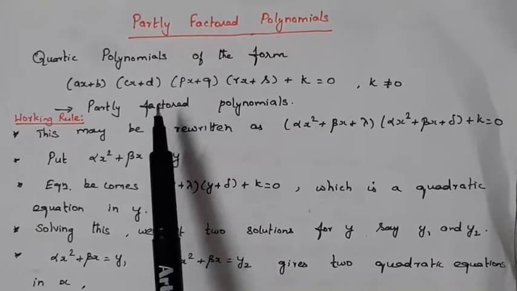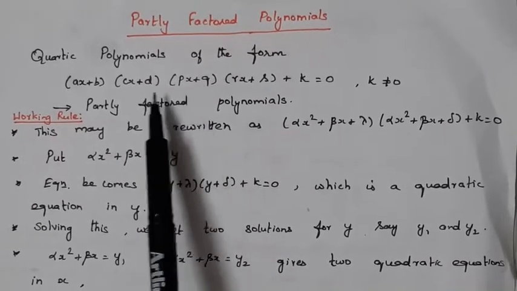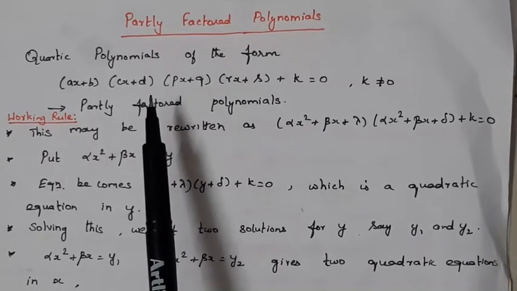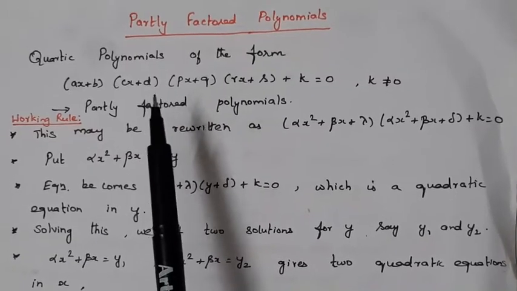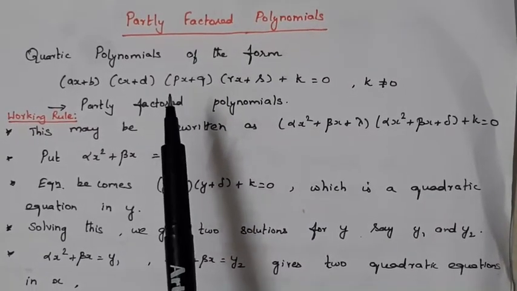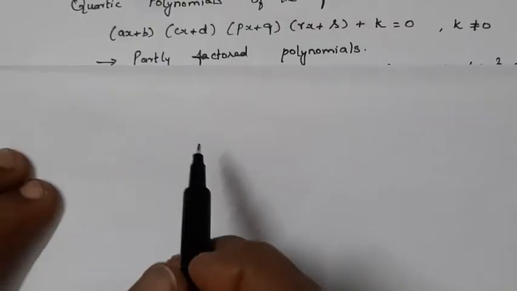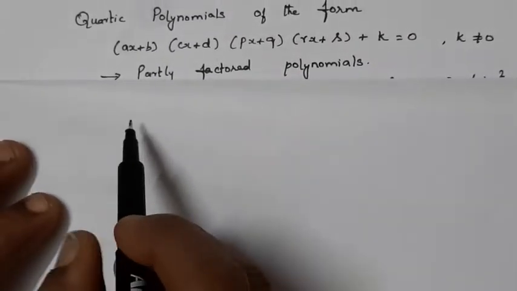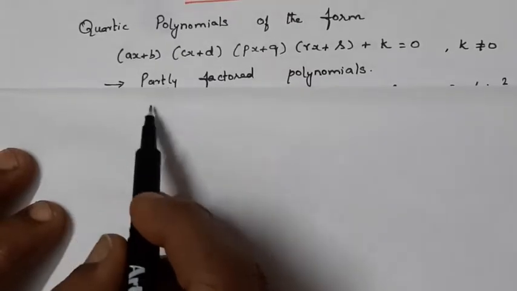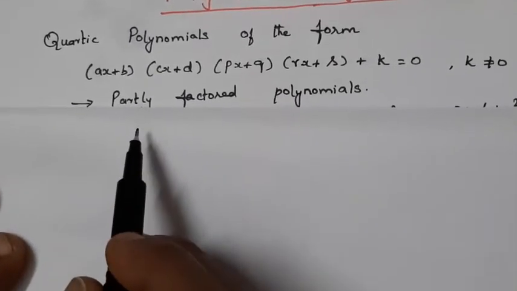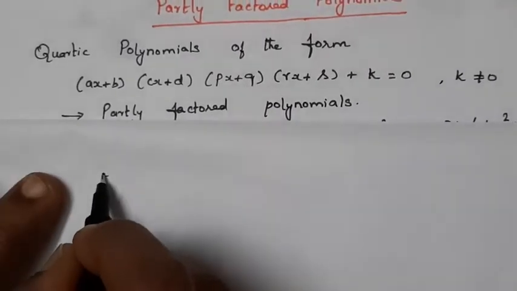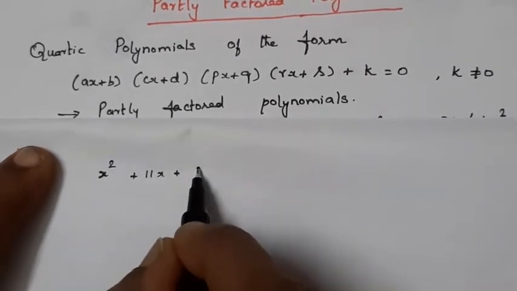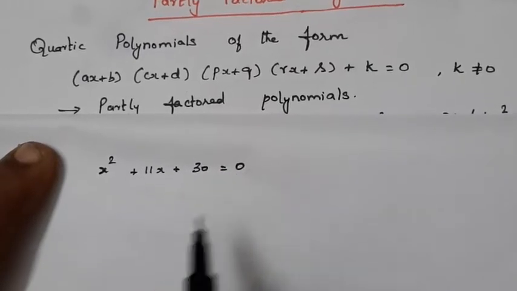Before seeing this, let me explain where you get these partly factored polynomials by using a polynomial of lesser degree, which is familiar to you, that is quadratic, okay? Consider the quadratic equation x squared plus 11x plus 30 equal to 0, right?